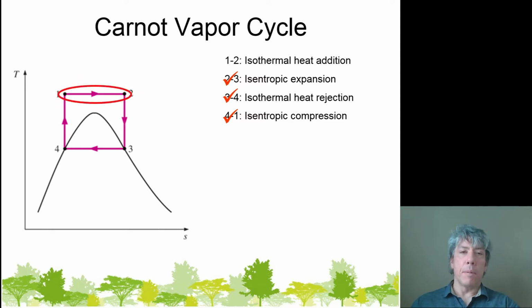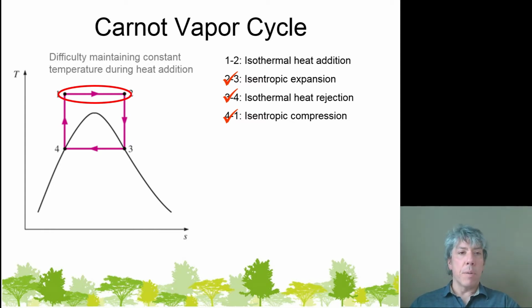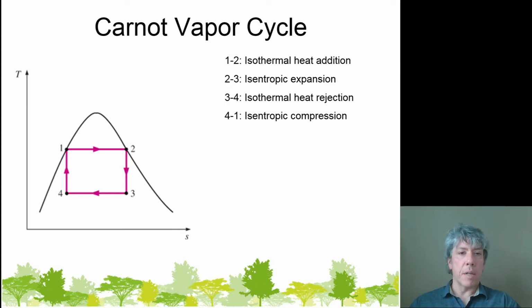So the problem with using the Carnot cycle as the ideal vapor cycle is the process of isothermal heat addition. So it simply won't work. We can't maintain a constant temperature during heat addition, at least not very easily. So this is not an ideal model of a vapor cycle.